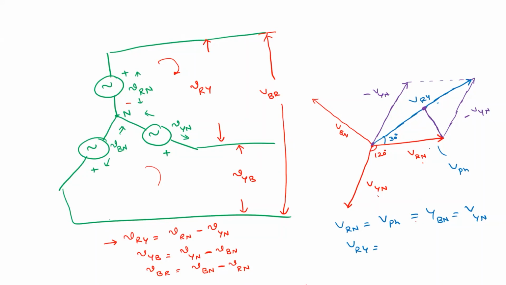In other words, from here to here, the length is 2 times VRN cos 30. Agree? So this is equal to 2 times VRN cos 30 degrees. So this is V phase into cos 30, which is root 3 by 2, right? That means root 3 times V phase.